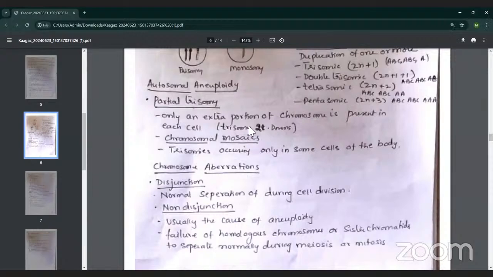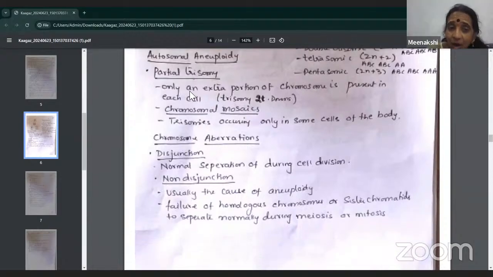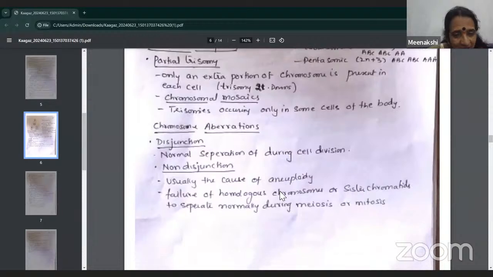Okay. Now coming to the next, how these chromosomal aberrations occur, that is how the change in the number occurs. This is because of disjunction, the normal separation of the chromosomes during cell division. But in case of these abnormalities, this normal separation will not occur, and this will cause the aneuploidy.